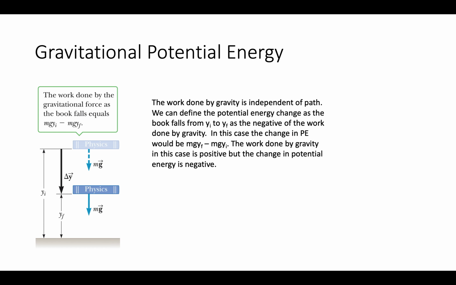Okay? So we're going to use that idea to determine something called potential energy. In this case, we'll talk about gravitational potential energy. Now, you guys have probably discussed potential energy back in ninth grade, and potential energy in general, you can think of as stored energy.